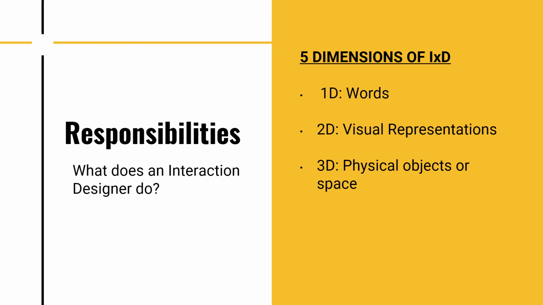So, yun yung mga kailangan i-consider ng isang interaction designer. Physical objects or space means they need to consider the devices or how the user will use it, okay? Yung screen, mag-a-adjust ba siya automatically? Pag nilipat sa cellphone yung app, mag-a-adjust siya automatically. Pag nilipat sa tablet or sa laptop, yun yung physical objects and space.